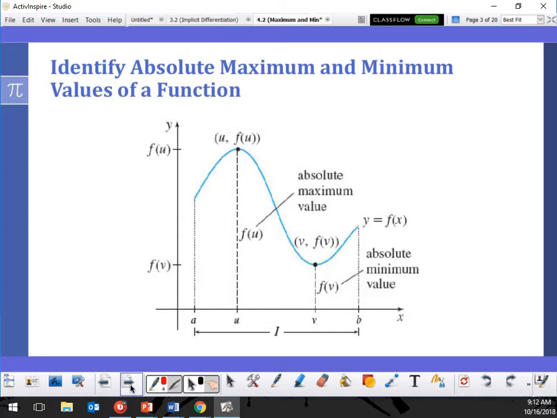The absolute minimum here would be v, and the value would be f of v. Very good. Now, whenever we're checking these things, you always have to check the endpoints. Since we're only dealing with the graph right here, the bracket interval would be from A to B, and then we would check those. So usually when you're just given a function, you want to check the endpoints too.